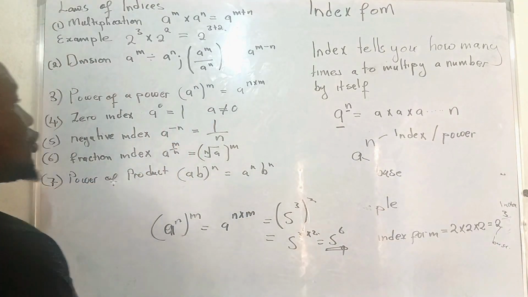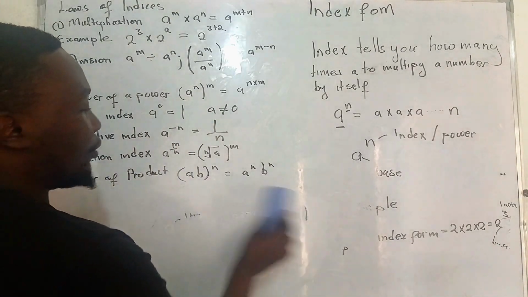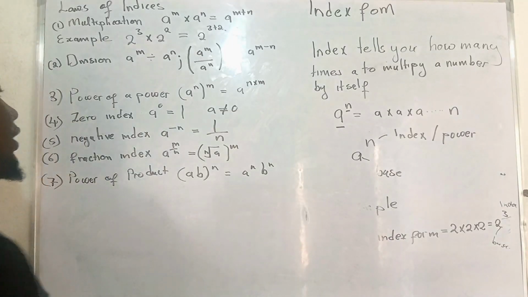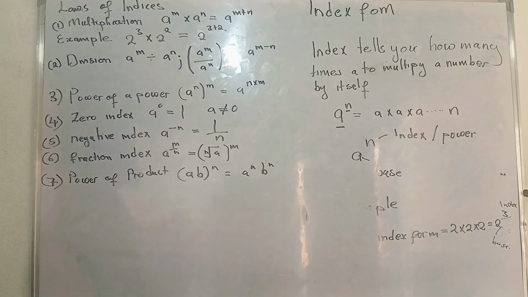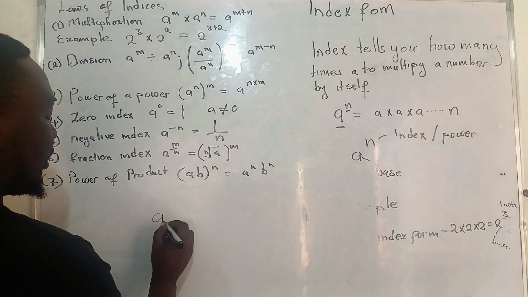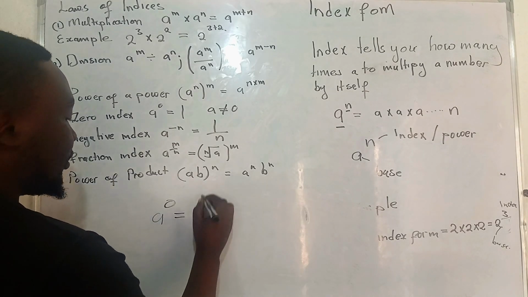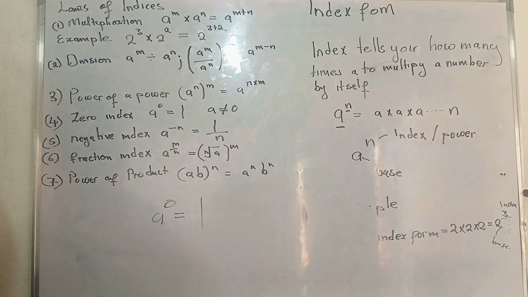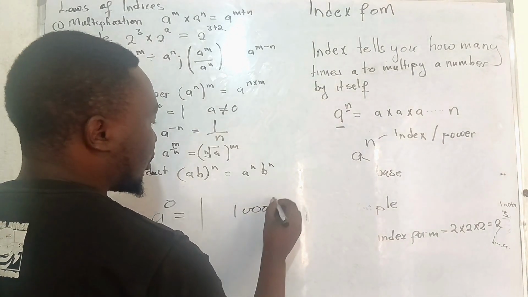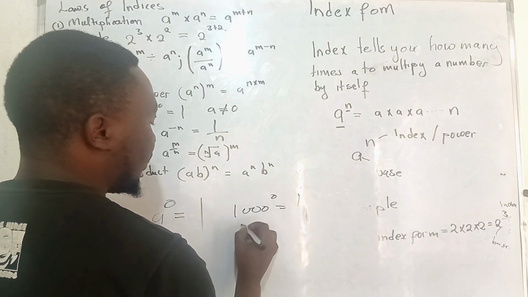So let's move on to the fourth law. Let's talk about the fourth law of index. It states that any base to the power 0 is equal to 1. So if you have any number to the power 0, it is equal to 1. So you might have 1000 to the power 0, that's 1.